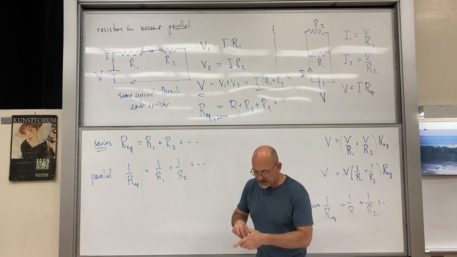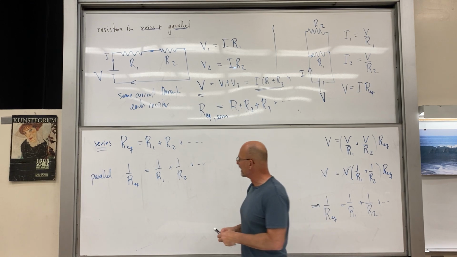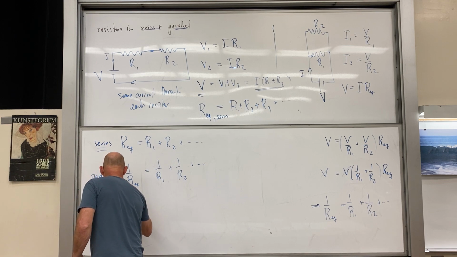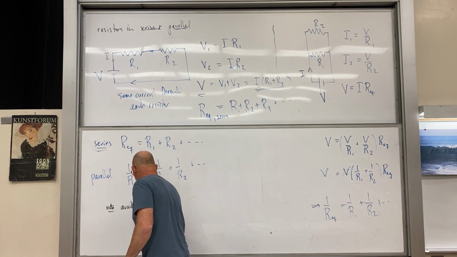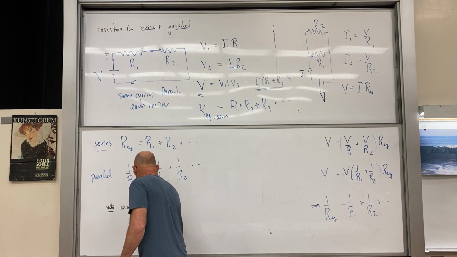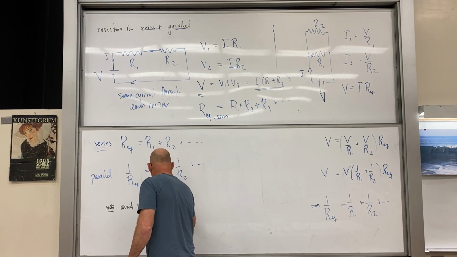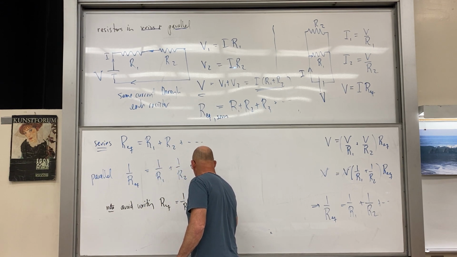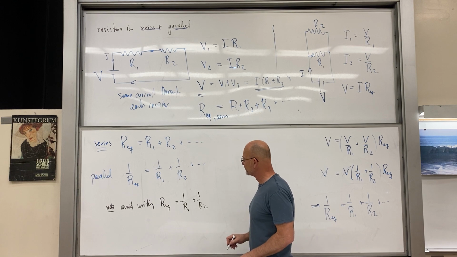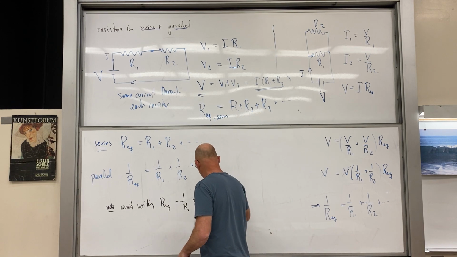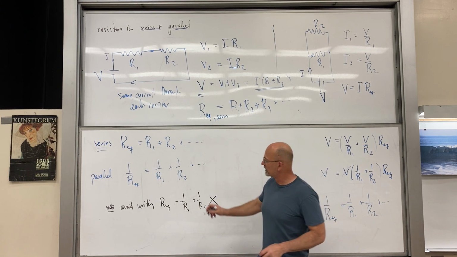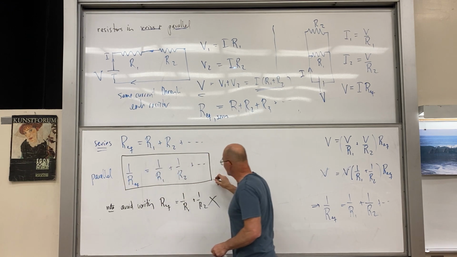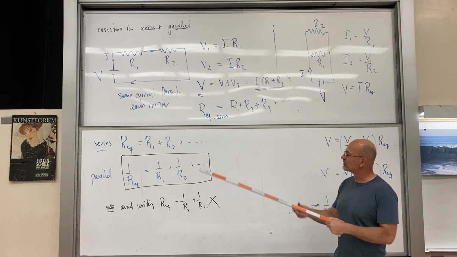So I'll just put this as a warning, note: avoid, I've seen this done often enough, avoid writing or calculating with R equivalent equals 1 over R1 plus 1 over R2. This is wrong. So yeah, the same formulas we had with the capacitances, except the cases are reversed.